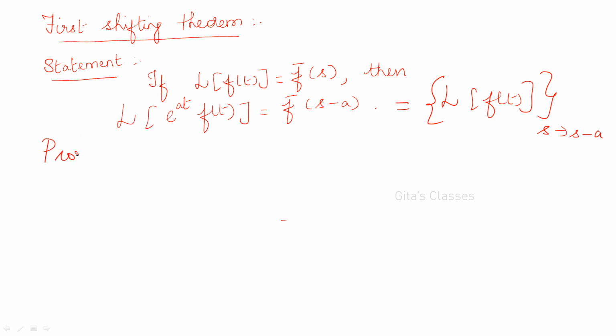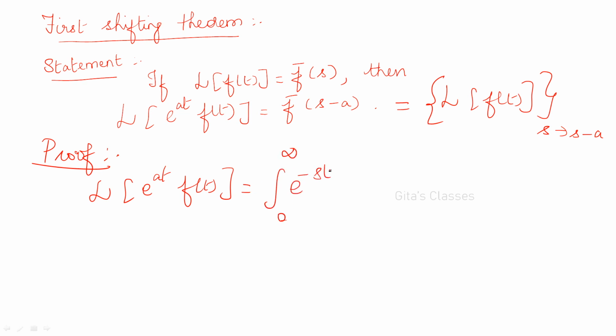So let us prove this. We know that by definition L of f of t is the integral from 0 to infinity of e power minus st f of t dt. So if it is e power at f of t, then by definition it is the integral from 0 to infinity of e power minus st into whatever is there, so e power at into f of t dt.